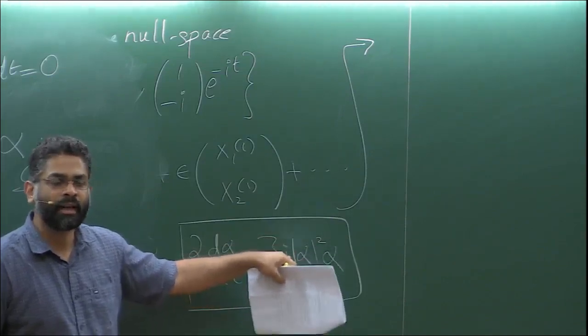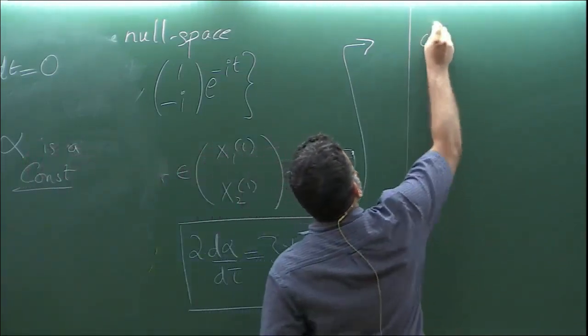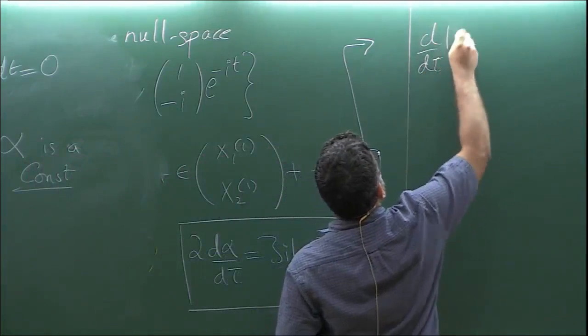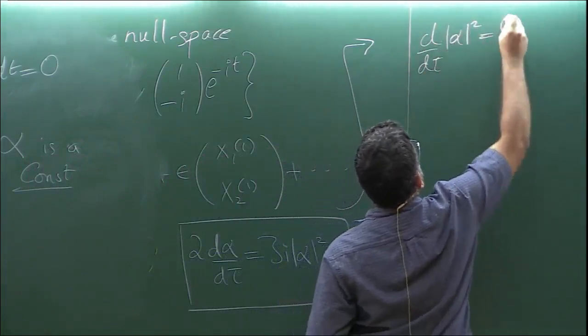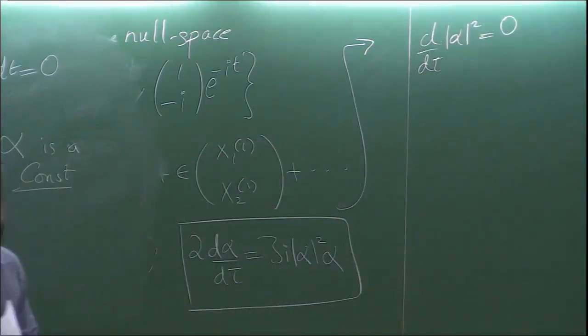When you add the two, they cancel. So what that means is d/dτ is actually 0. Alpha bar dα/dτ plus alpha dα bar/dτ is d/dτ of absolute value alpha squared.